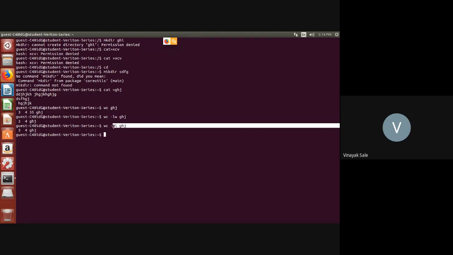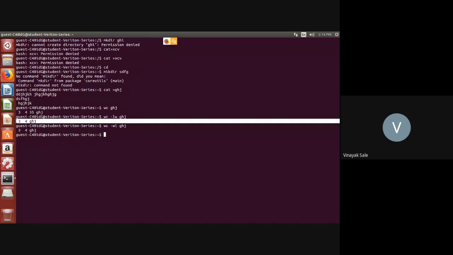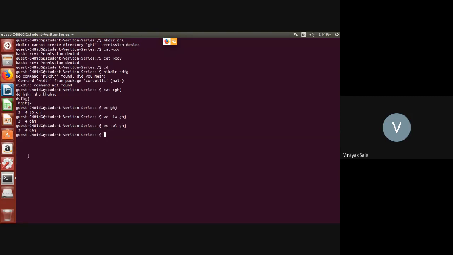Now you have written wc minus wl, the opposite, and it shows the same answer. The answer is given in a particular sequence. The first number indicates the number of lines, the second number indicates the number of words, and the third number indicates the number of characters in that particular file.